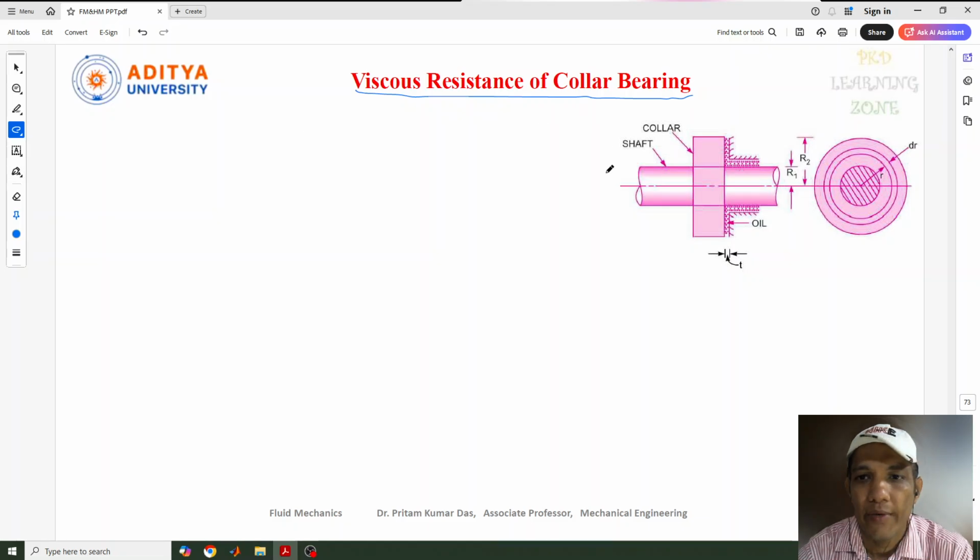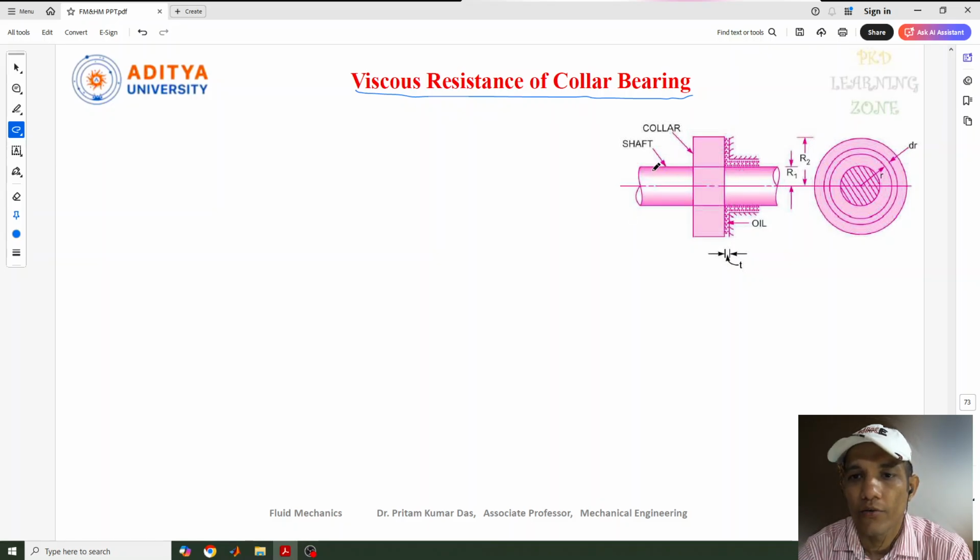In the collar bearing, if you see the diagram, it is slightly different from the others, but it is similar to the footstep bearing. If you rotate this bearing part, this shaft and this bearing, axially, then you can get a similar kind of concept to the footstep bearing.